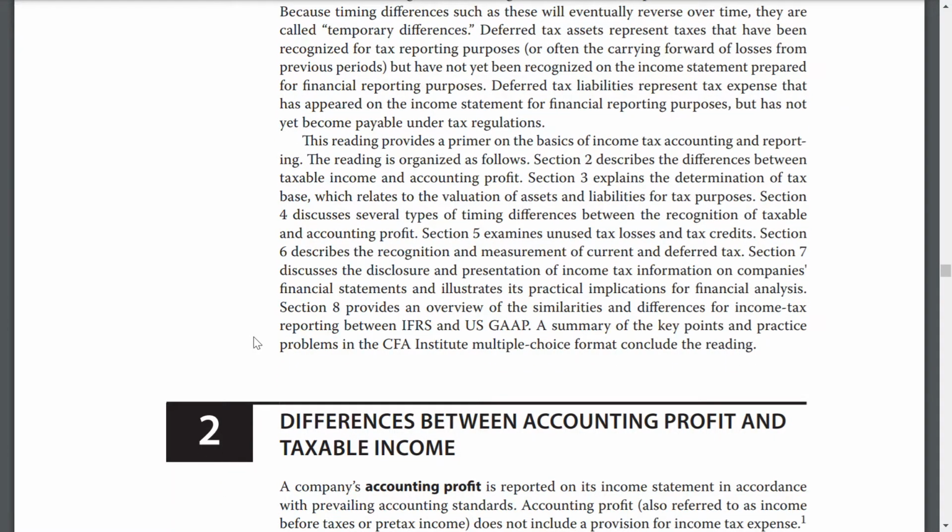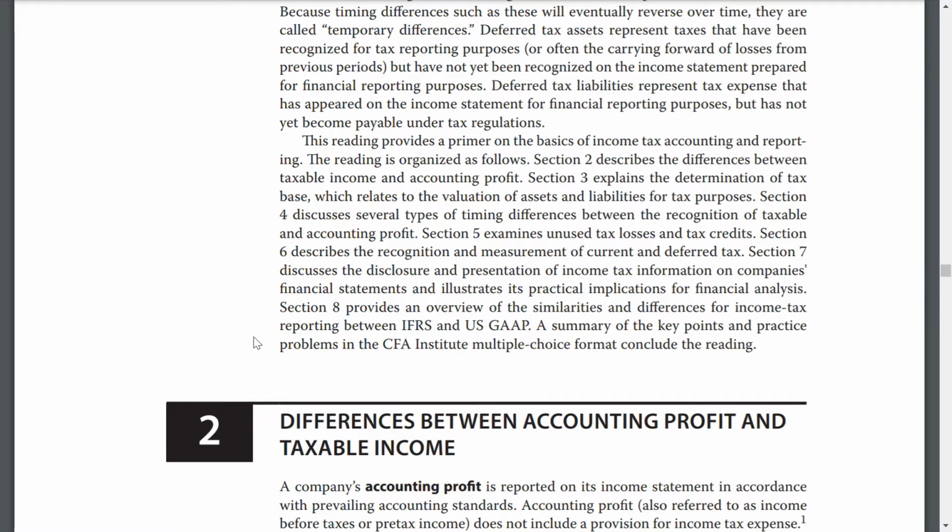The reading is organized as follows. Section 2 describes the differences between taxable income and accounting profit. Section 3 explains the determination of tax base, which relates to the valuation of assets and liabilities for tax purposes. Section 4 discusses several types of timing differences between the recognition of taxable and accounting profit. Section 5 examines unusual tax losses and tax credits.